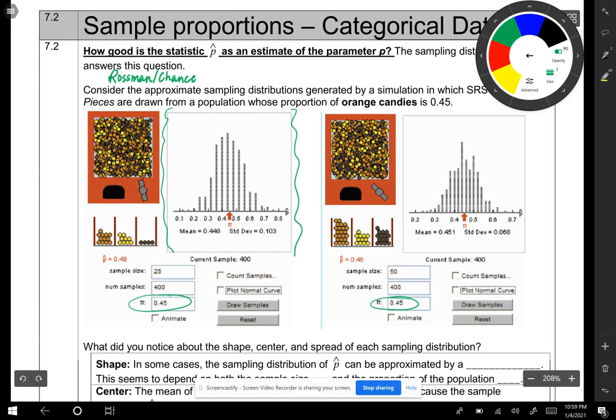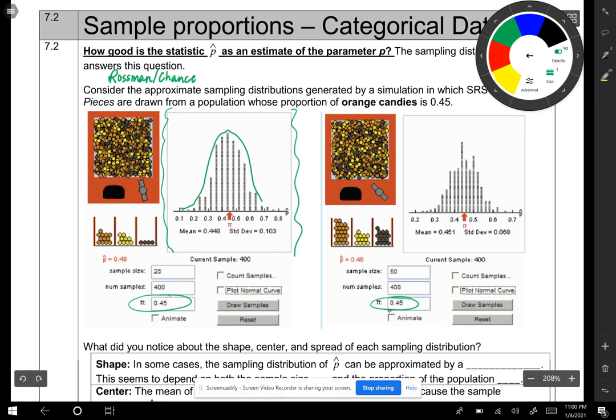And for this particular one, notice the mean of the sampling distribution is 0.451, which is almost spot on to the true population proportion, and the standard deviation has decreased, which brings us back to what we talked about in 7.1. We said that when we increase the sample size, that decreases the spread, so it makes the standard deviation smaller.